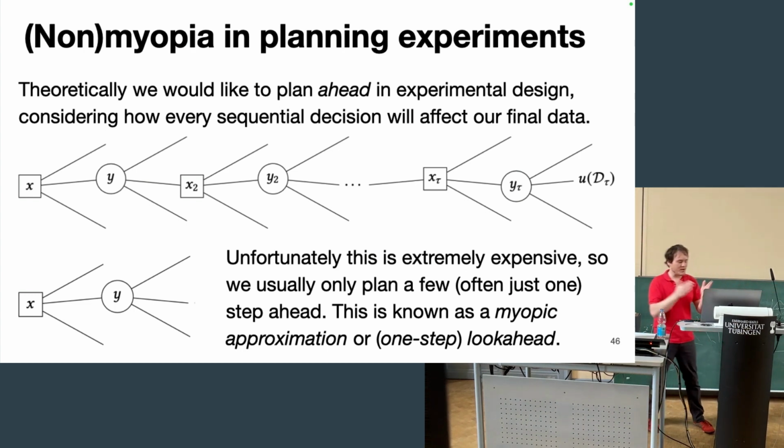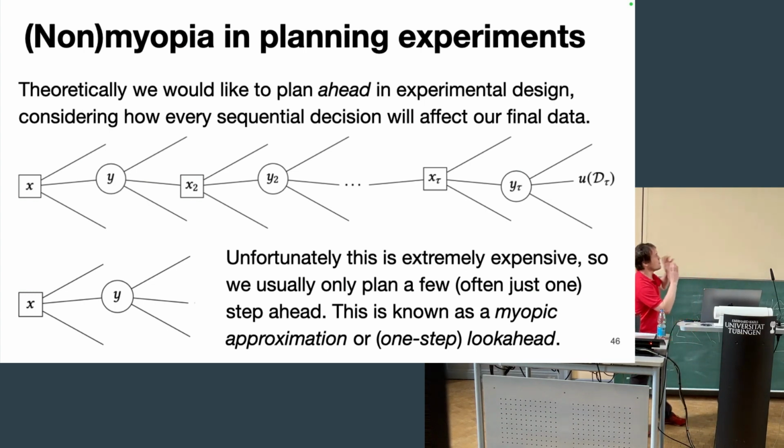So if I know that I'm going to be running 100 experiments, and I've run 50 already, then in designing the 51st experiment, I theoretically need to be reasoning about its outcome, but also how its outcome is going to influence the design of the 52nd experiment, and what its outcome is going to be, and so on, all the way to the end of the experimentation.